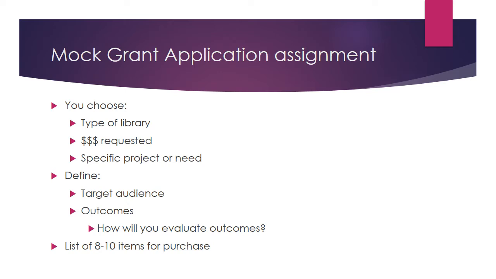So the project would be, we're going to create this great book group for these reasons, and this is the community need it's going to fill, this is the target audience, whatever that is, and we need funds to purchase books for the book group.